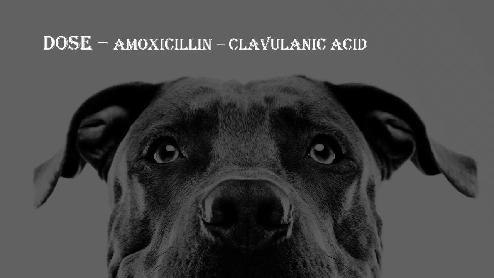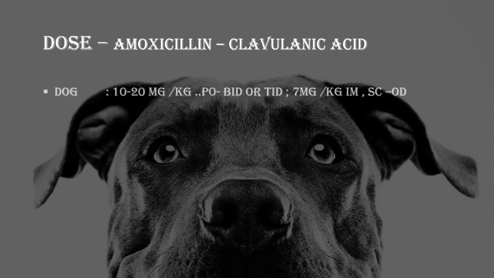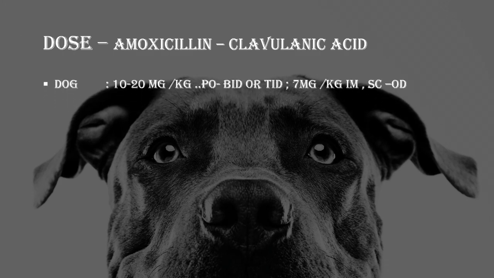The dose rates of amoxicillin clavulanic acid are, in dogs, 10 to 20 mg per kilogram BID or TID for peroral, and 7 mg per kilogram for IM or subcut injections.